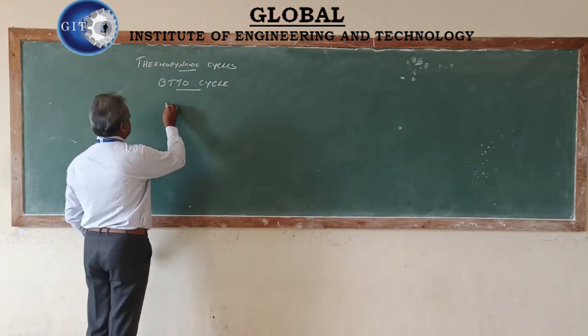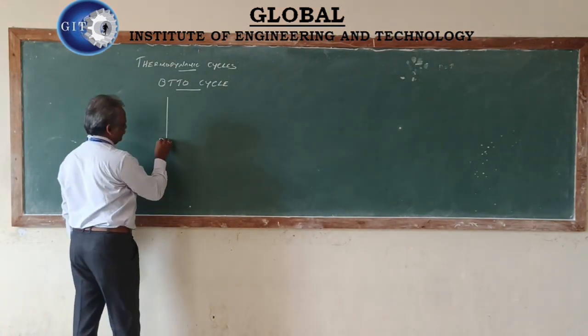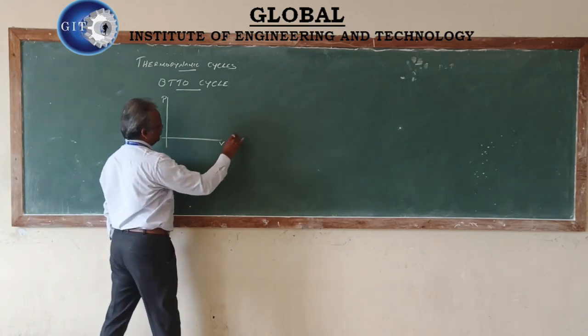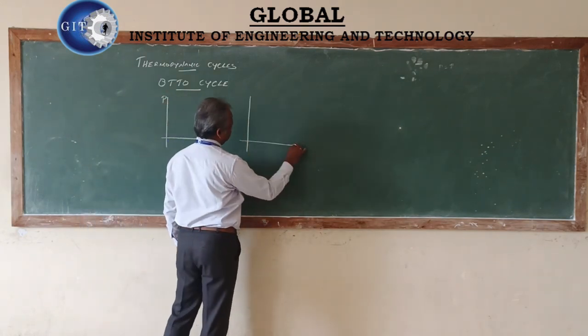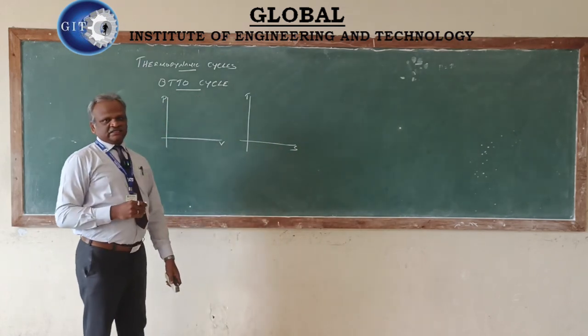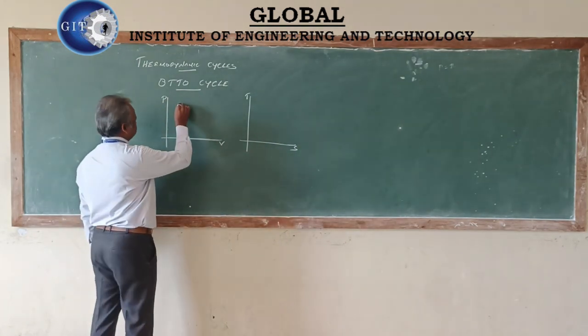So the Otto cycle consists of various processes. It is illustrated in diagrams of pressure versus volume, and temperature versus entropy. The Otto cycle consists of four processes.